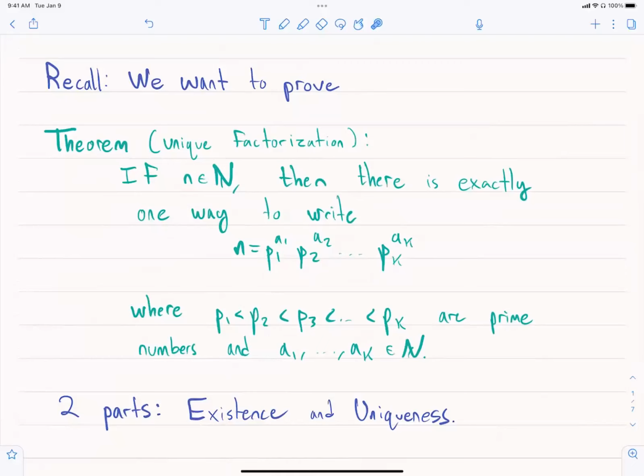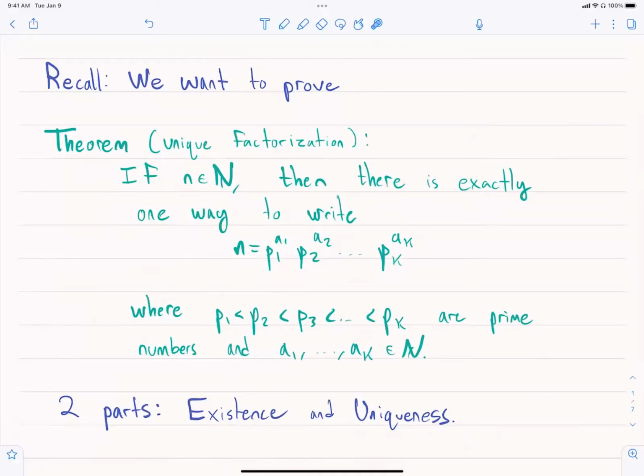And then uniqueness is the second part of this result, which says not only can I factor it into prime numbers, but really there's just one way to do it. So that's this exactly one way, the statement of the theorem. And it turns out existence is a little bit easier to justify. Uniqueness will need another tool, and that tool for uniqueness will be the Euclidean algorithm.